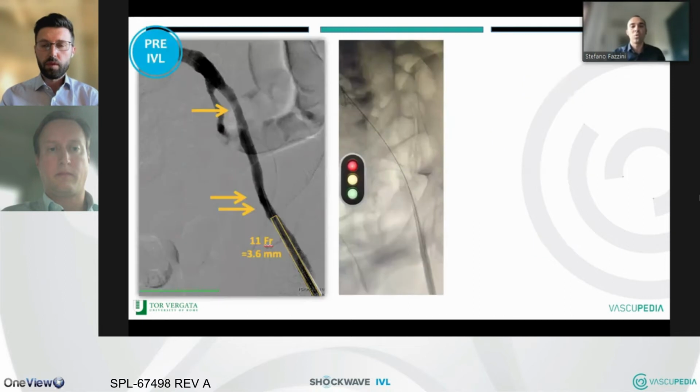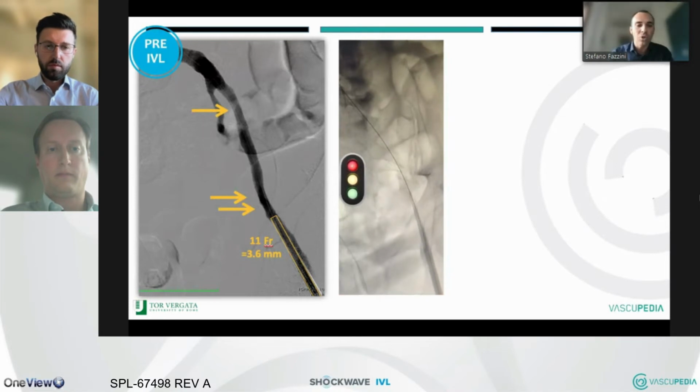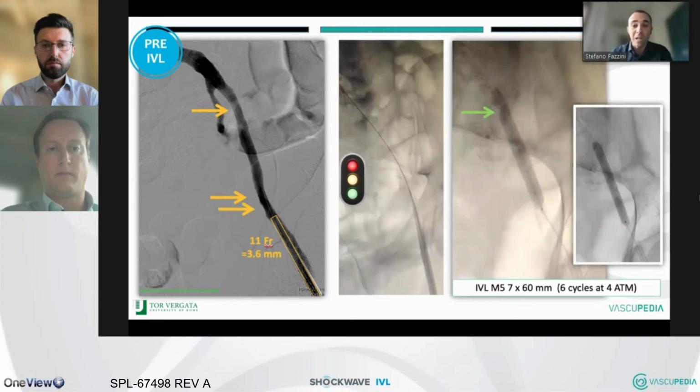In this case we are speaking about a thoracic graft, so we don't have a really ultra-low profile graft. If you look at the angiogram, 11 French, you can admit that this angiogram is describing that probably this external was 4 millimeters.